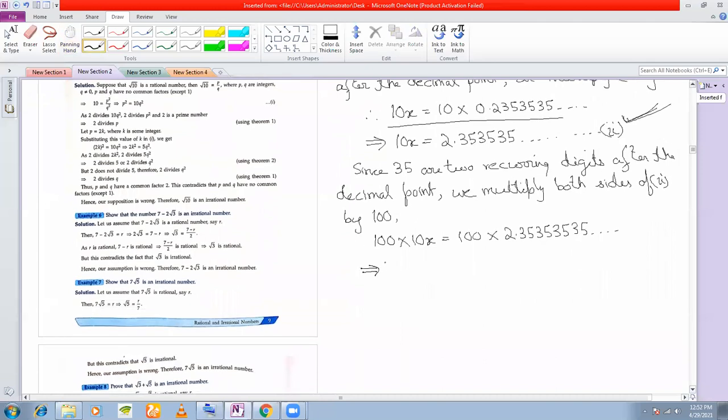So that now we get 1000x is equal to, now because we are multiplying by 100, you shift 2 decimal places, 235.35, 35, 35, and so on. Right? Call this equation number 3. Okay. Now we have got 2 and 3. Now what you do is we subtract 2 from 3.